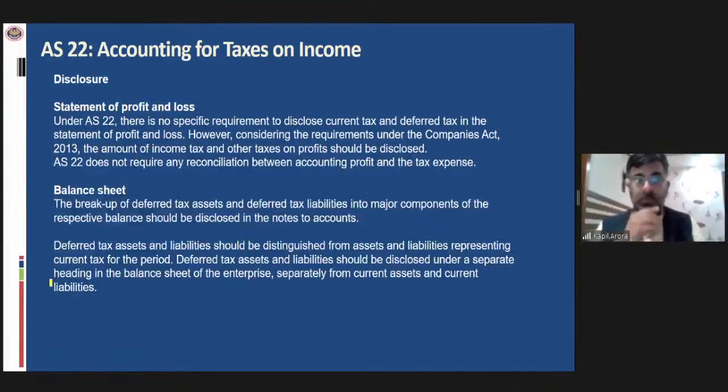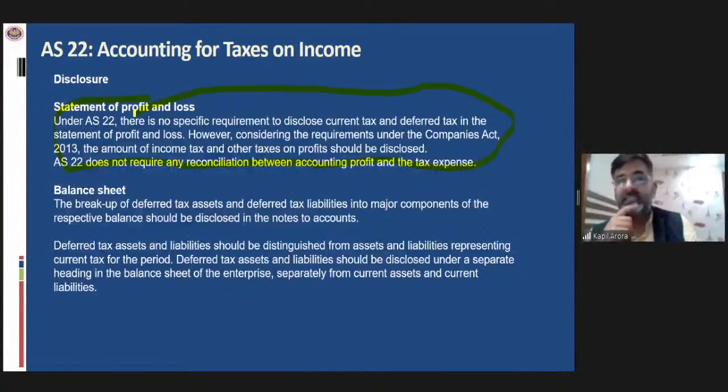Okay, so what exactly do we mention in the P&L? We have to disclose the tax expense as per the rules of the Companies Act. As per the Companies Act format, we have to bring in the taxes there: what is the deferred tax, what is the current tax. That comes from the Companies Act requirement.